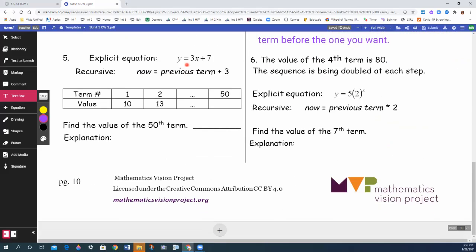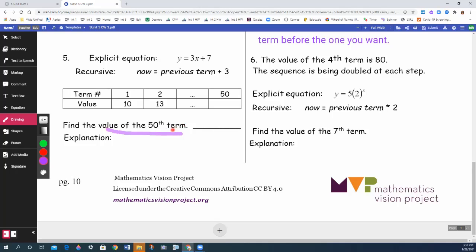Okay, explicit equation. So the explicit equation is y equals 3x plus 7. They're telling us that the recursive is basically f of n equals f of n minus 1, previous term, plus 3. And they're giving us a table. We know my first term is 10, the second term is 13, and it looks like we want the 50th term. So here they say, okay, what is the value of the 50th term?